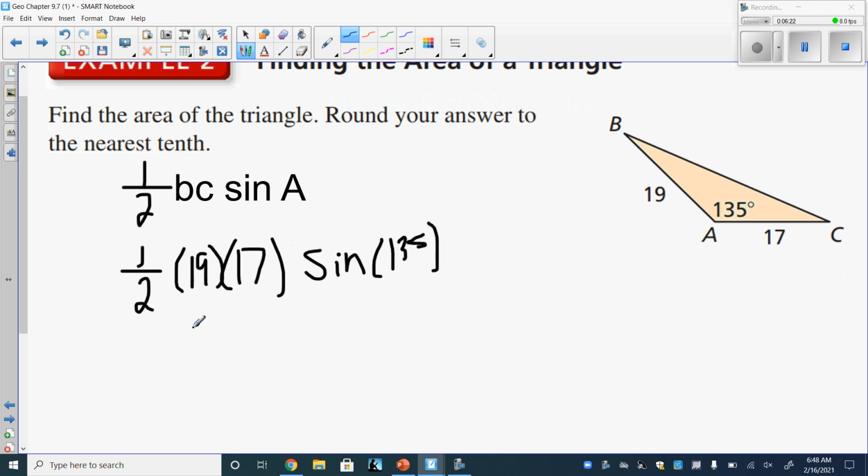degrees. And that's it. Really, at this point here, we just need to plug this into the calculator, because once we plug this in, we will have our area of the triangle.